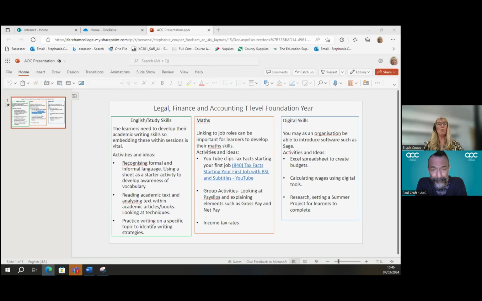The resources that Barclays Skills and Santander do are really, really good. I've used lots of their different activities over the years. Santander have some really good PowerPoints you can use and adapt for your own learning at that particular time.